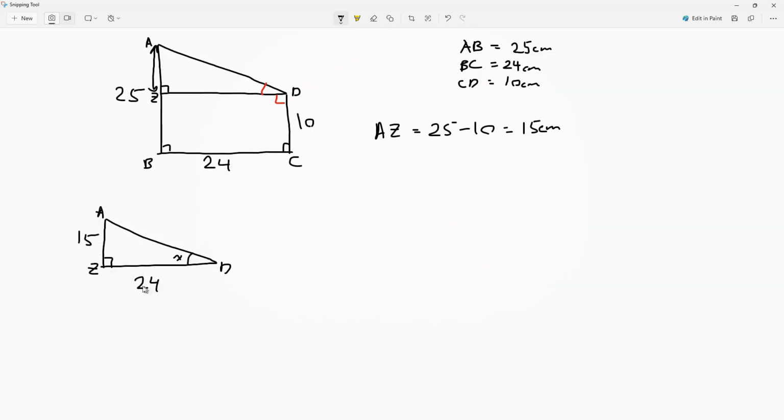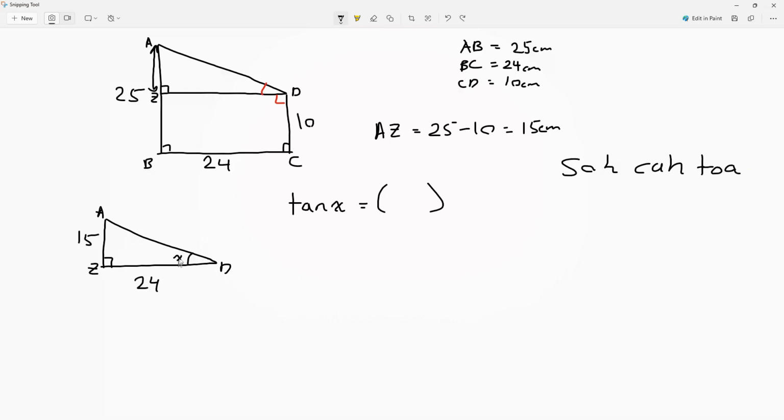And using the SOH CAH TOA, we have opposite and we have the adjacent. So we can do tangent of X is equal to, and then remember guys, SOH CAH TOA, right? So it'll be opposite over adjacent.